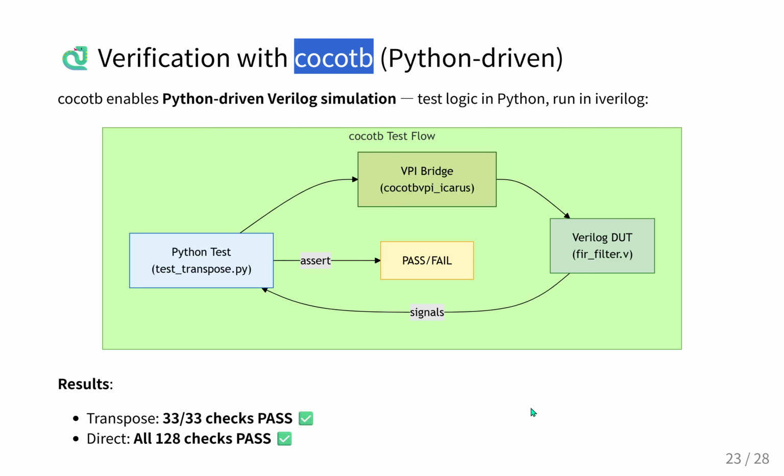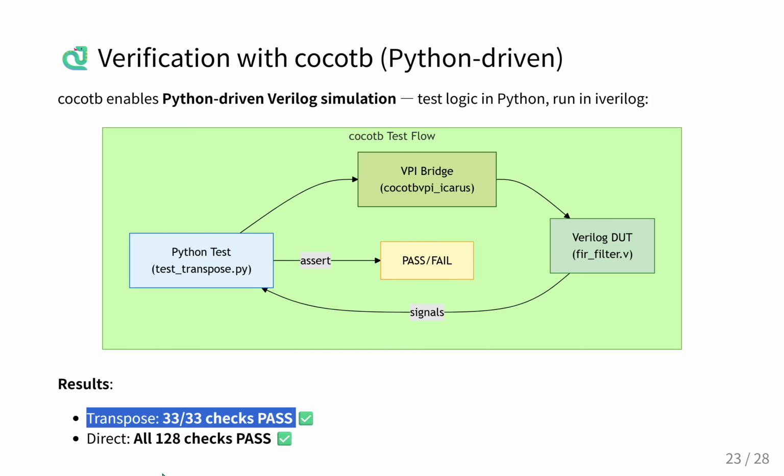And the way they structure the test perfectly reflects the architectural differences we just discussed. How so? Well, for the pipeline transpose form, they fed an impulse signal into the filter and tracked it across 33 clock cycles. Because it operates on a clock. Exactly. And it perfectly passed all 33 checks, proving the pipeline operates flawlessly over time. But for the direct form, the testing looked entirely different. Right, because of how it's built.